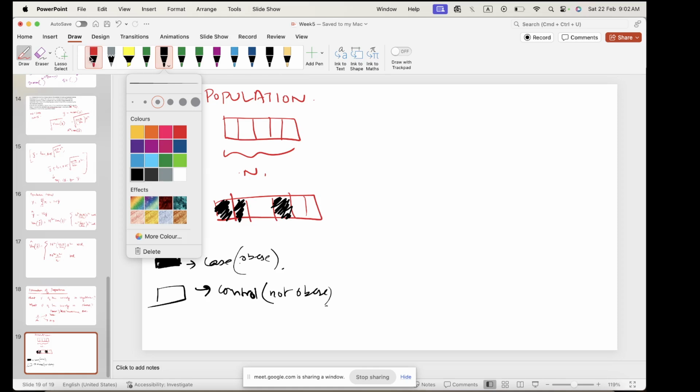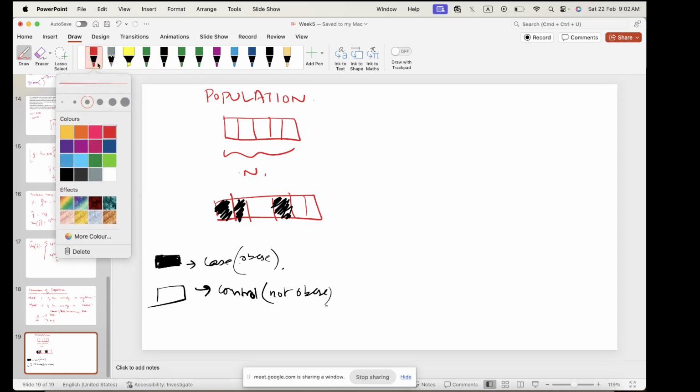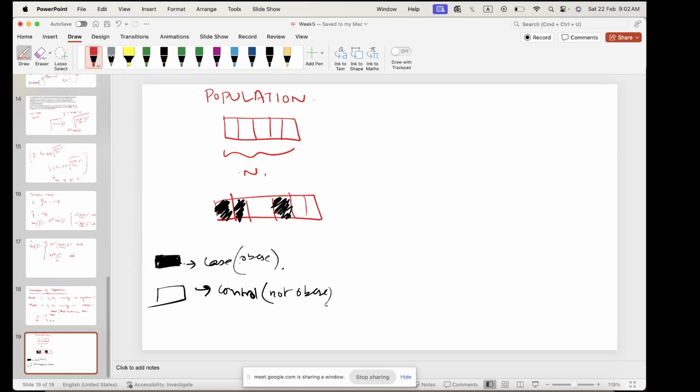Okay, so let's say here if I have C obese people, then I would have N minus C non-obese people.